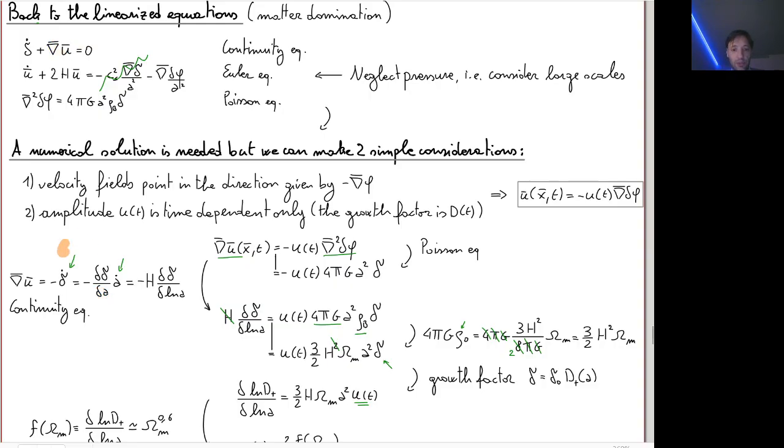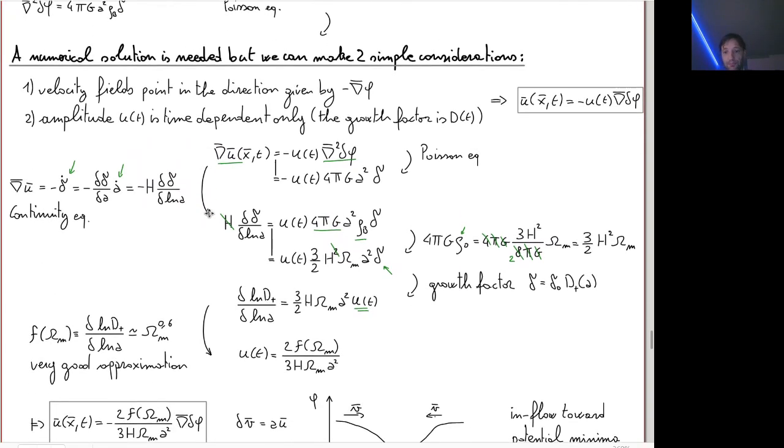That's what we did from here to here. Then we introduce the definition of H, which is a dot over a, and plug it in here, and we get this expression. It's just a matter of the definition of H dot. So we can now substitute this term with this one here, and we obtain that.